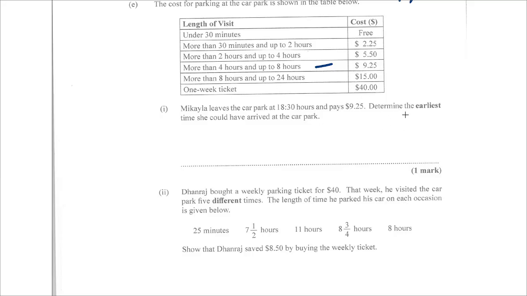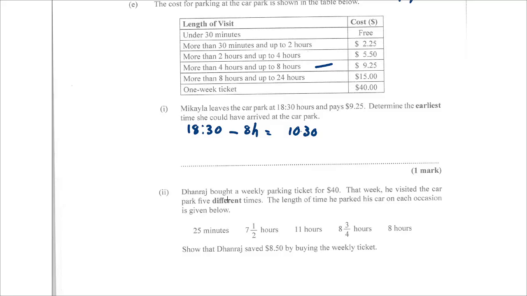So she could have arrived 8 hours earlier. So we know that would be 1830 subtract 8 hours, which is 1030 hours, which is 10:30 a.m. So the earliest time she would arrive at the car park is 1030 hours. And that is how you would have done this question.